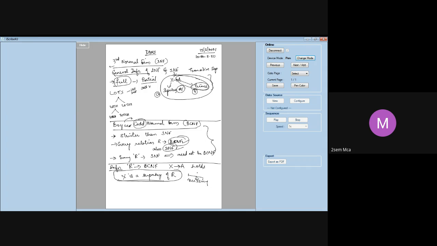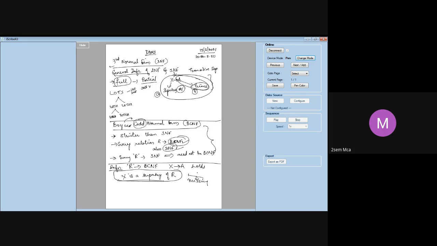BCNF states that in every relation R, if there is a functional dependency of the form X determines A, then X should be a super key of R. That's all. That is the definition of BCNF.